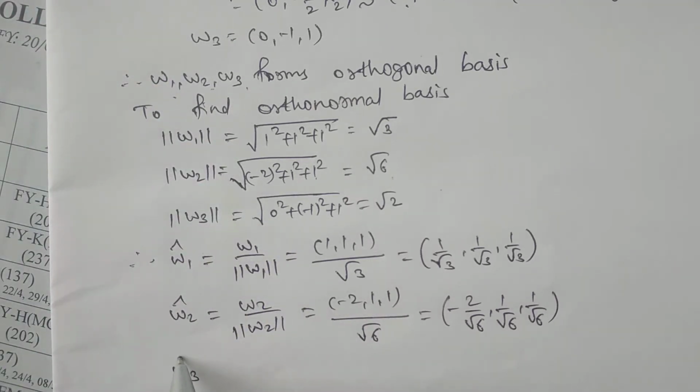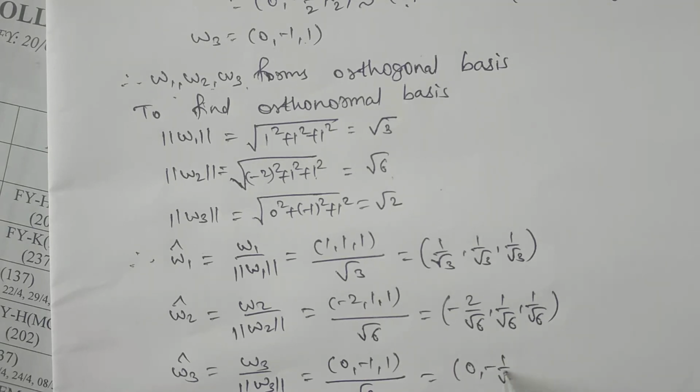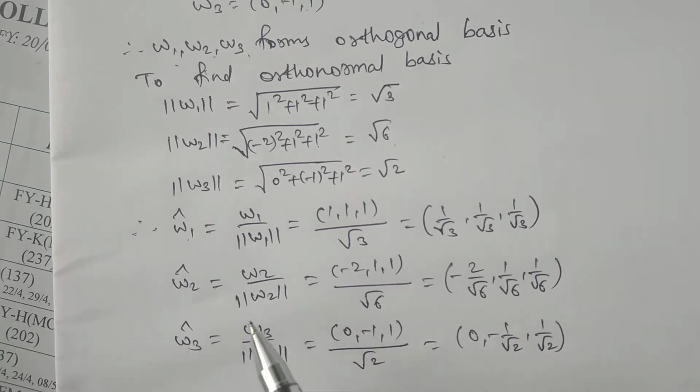And W3 cap is equal to W3 upon norm of W3. W3 is (0, -1, 1) upon root 2, so it is (0, -1/root 2, 1/root 2). So W1 cap, W2 cap and W3 cap are the unit normal vectors.